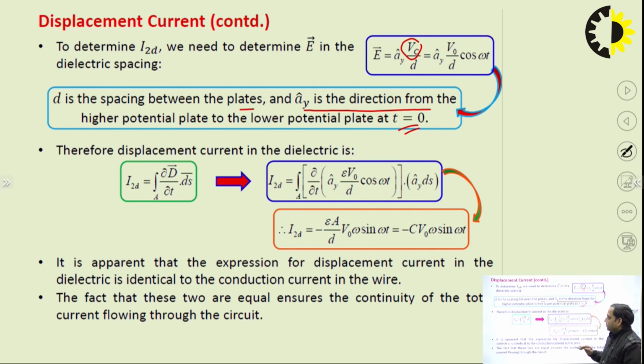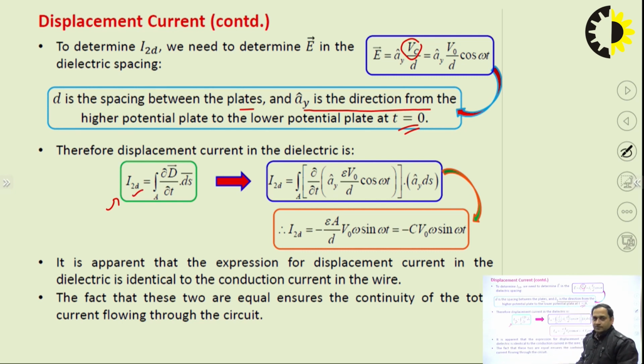Right now we are talking about the medium between the plates, which is a perfect dielectric, so the current will be I2D, which is within the perfect dielectric between the plates. That is why we are calculating I2D.